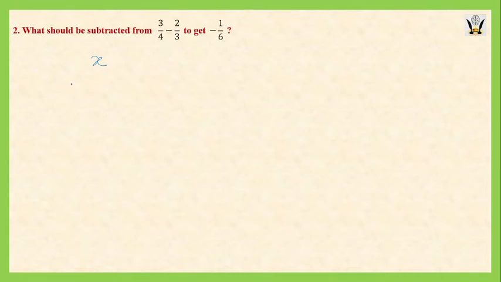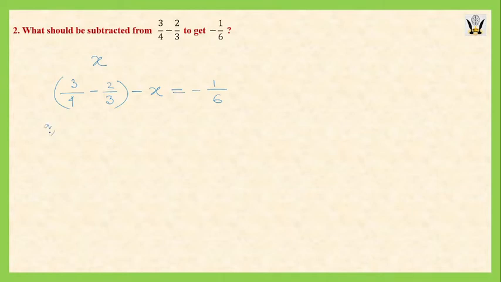So first we will perform that subtraction, 3 divided by 4, and from that rational number we will subtract this 2 divided by 3, and from that result of subtraction we will subtract x, and then finally the result will be minus 1 divided by 6, and that is what the problem statement says.